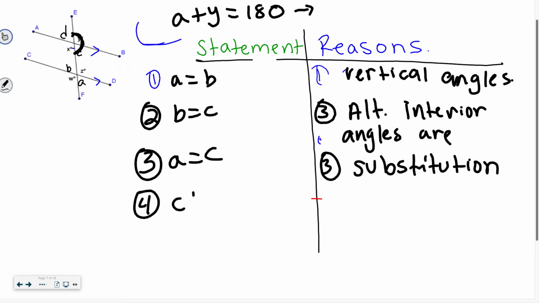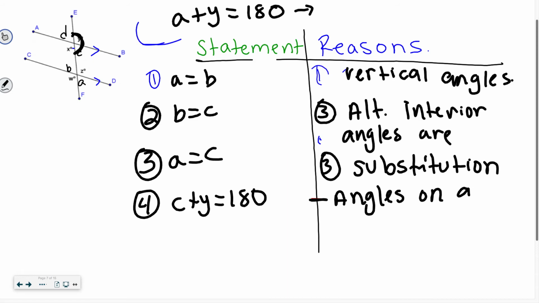We know that C plus Y is equal to 180. This is true because angles on a line add to 180 degrees.